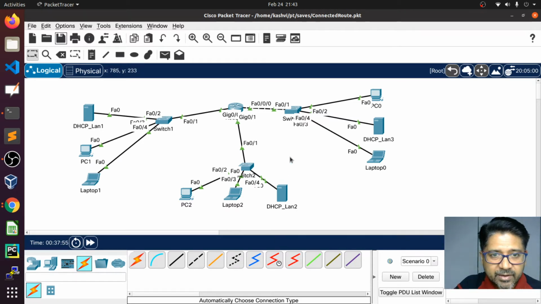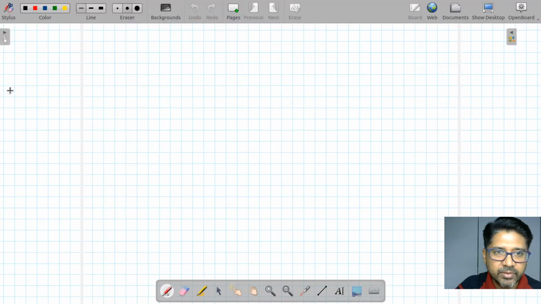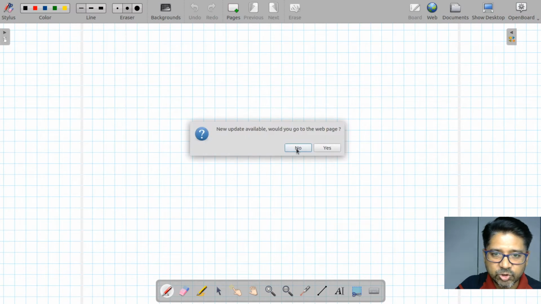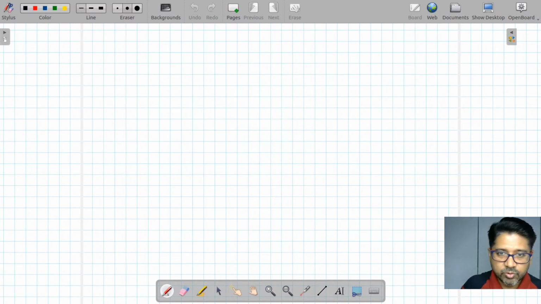So connected route, by the name, let me explain you quickly, then we will move to the practical part. We have one router. A connected route is always associated with a specific router.